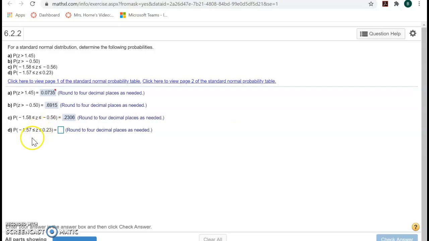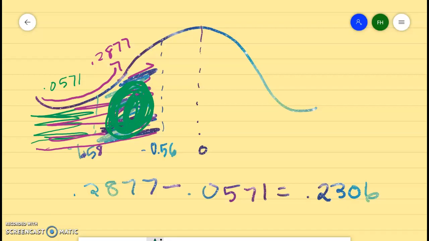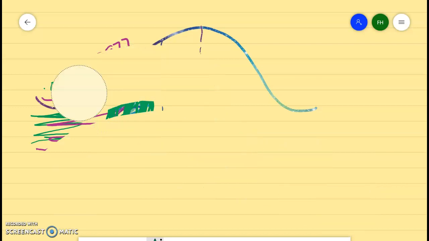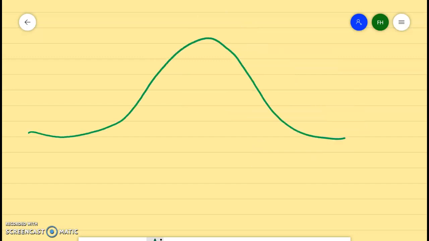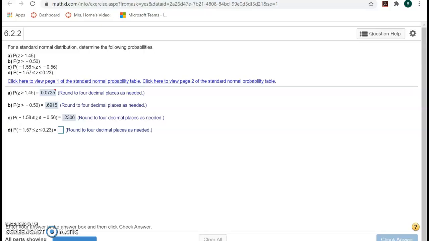Okay, the next one is the same. We want to know the probability that z is in between these two numbers. So let's draw our distribution. I believe our first is negative 1.57.